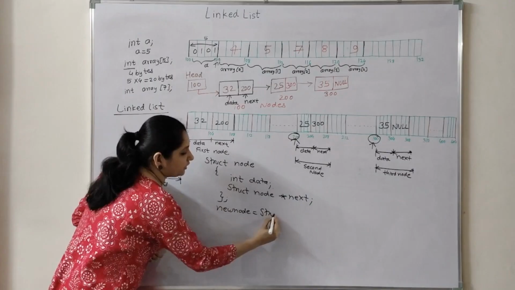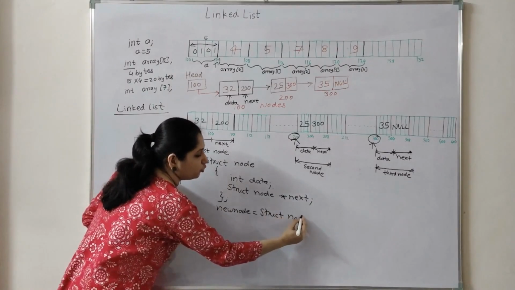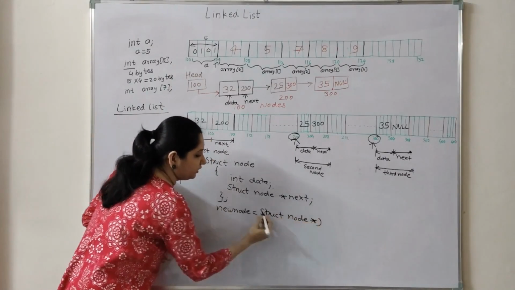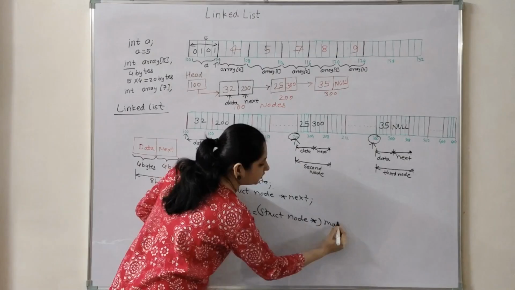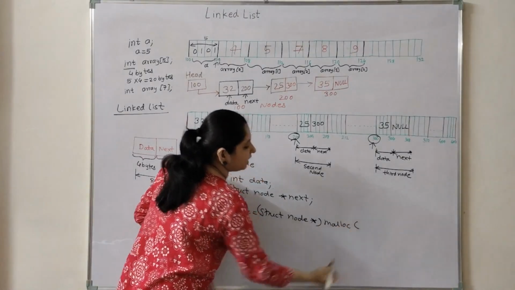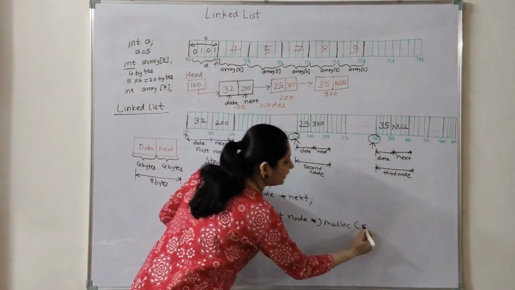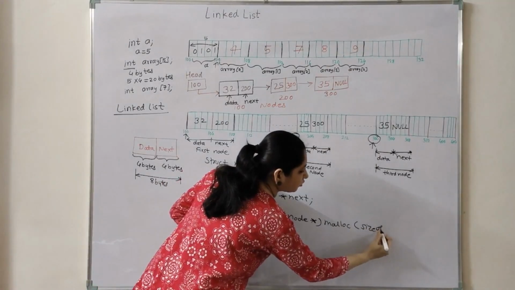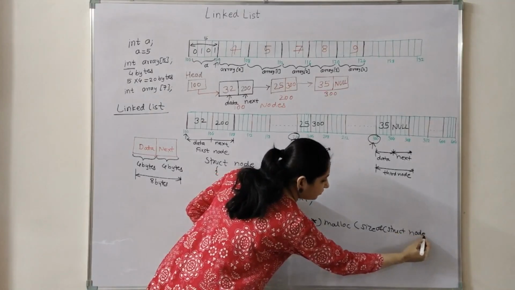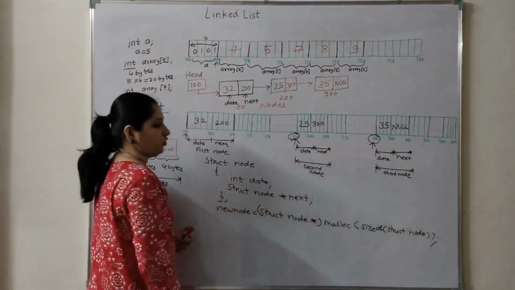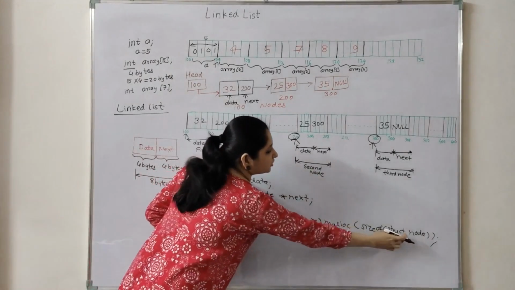Whenever we are taking that new node, at that time we have to write struct node pointer. After that we write the malloc function, and in that malloc function we take the sizeof struct node.